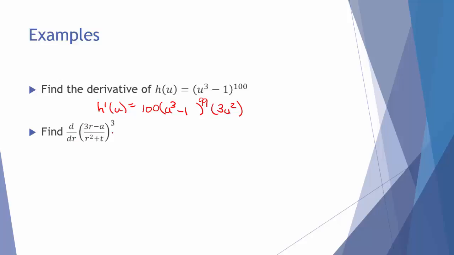So as far as we are concerned, a and t both represent constants. So when we find d/dr of this function, we have an outside function of a cubing function, and then the 3r minus a over r squared plus t is your inside function. So we will take the derivative of the outside function first. Drop the 3 down. Don't touch your inside function.